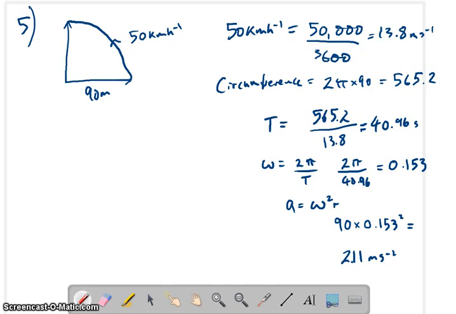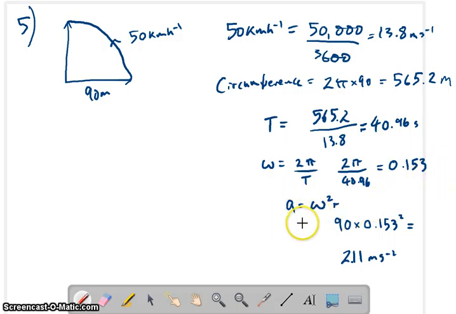Let's just get the meters in there. Then the period is 565.2 divided by 13.8, which is 40.96. So as omega is 2 pi over T, we have 2 pi divided by 40.96 gives us 0.153 for our value for omega.